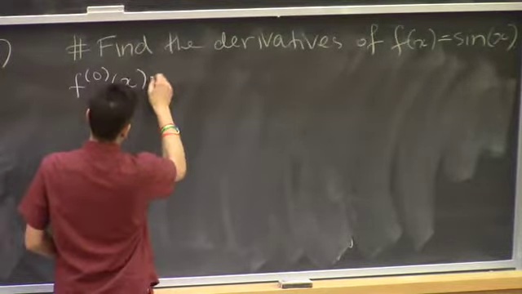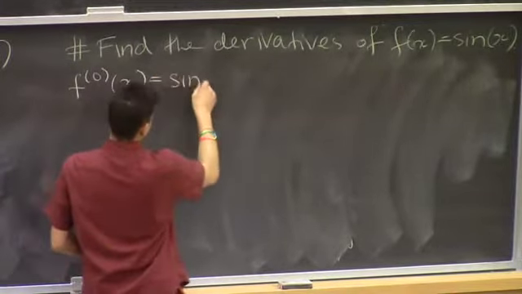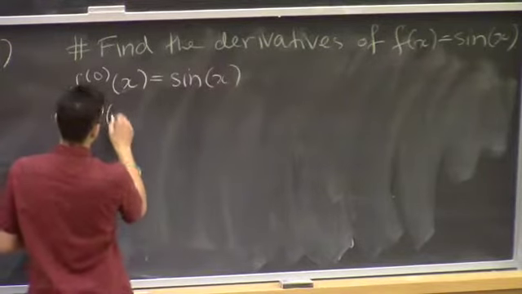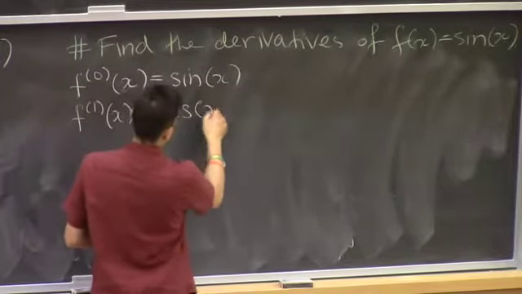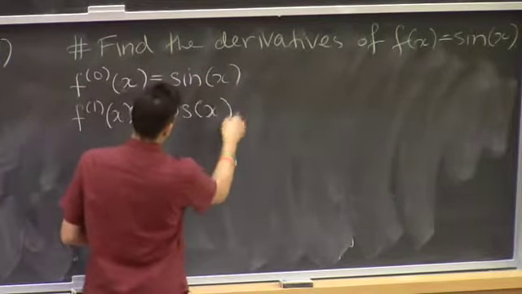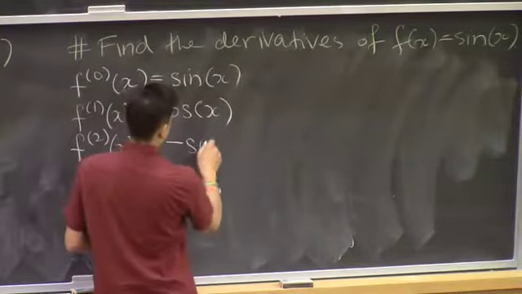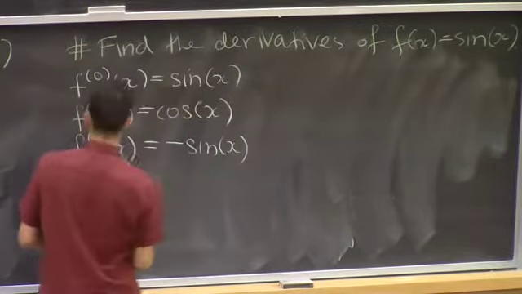So we start off with our original function. We take one derivative. Two derivatives gives us negative sine x. Three derivatives gives us negative cos x. And then 4 brings us back to start.